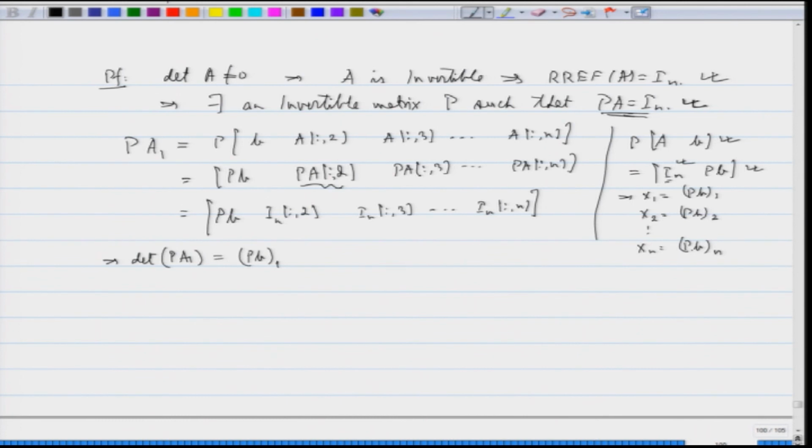So, what I see here is that determinant of P of A1 is also the same as the first element of this. Therefore, x1 is nothing but this.